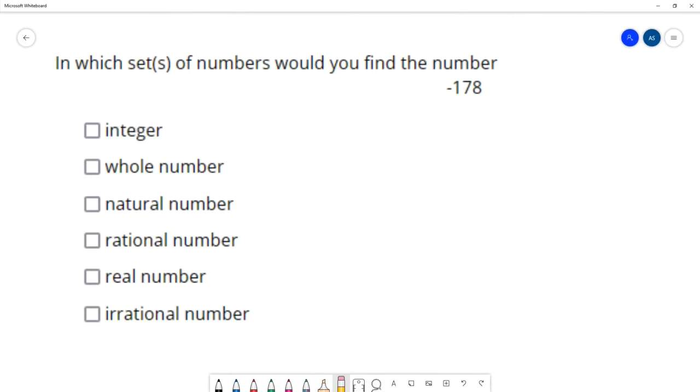I will start with our whole numbers. Our whole numbers will include our counting numbers 1, 2, 3, 4, 5, and so on. And it will also include 0. Our natural numbers are our counting numbers, 1, 2, 3, 4, 5, and so on.